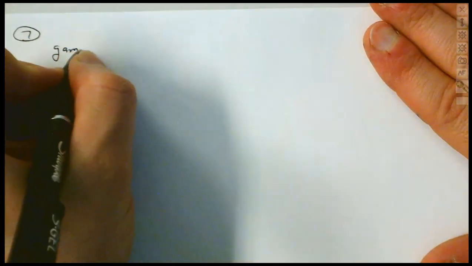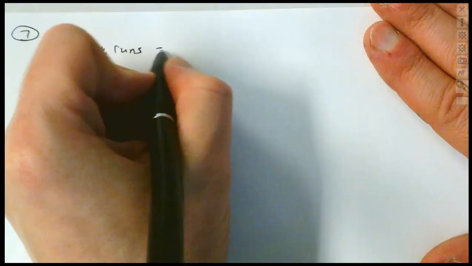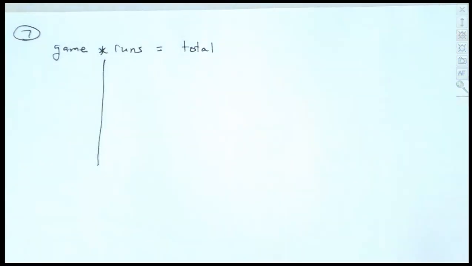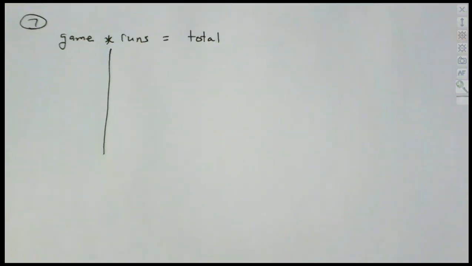We are going to look at these as a positive number for the wins and a negative number for the losses. We take the number of games and multiply that by the number of runs, and that gives me my total. So we're going to make a table. If it's positive, that means we won those games. If it's negative, we lost them. Then we add them all together, and we'll get our final answer. It's a simple question. It's easy as long as you're careful.